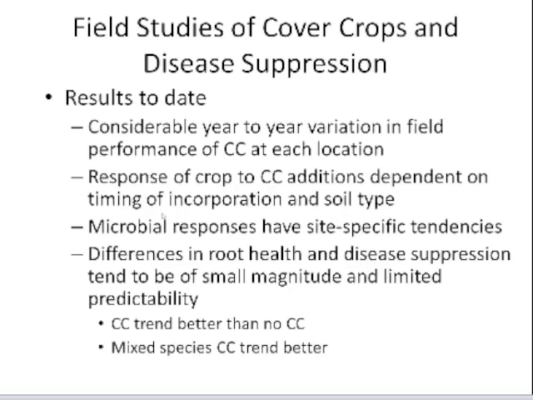So not surprisingly, the response of the cash crop to cover crop additions was dependent on that timing of incorporation and soil type. Again, weather delays in New York required a late plow-in, and so the time between plowing in the fresh cover crop and the transplanting was decreased to less than 3 weeks, and not surprisingly, where there had been a large amount of biomass incorporation of the cover crop, you had less transplant vigor early on in the season.